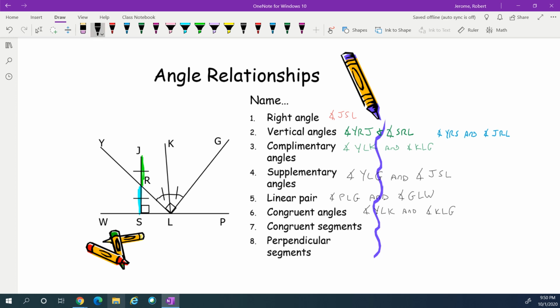So congruent segments, we could say segment JR is congruent to segment, not angle, segment RS. And, even in the previous question, instead of the word and, we could have used that congruent symbol. So even on congruent angles, I can go ahead and just say, okay, they're congruent.